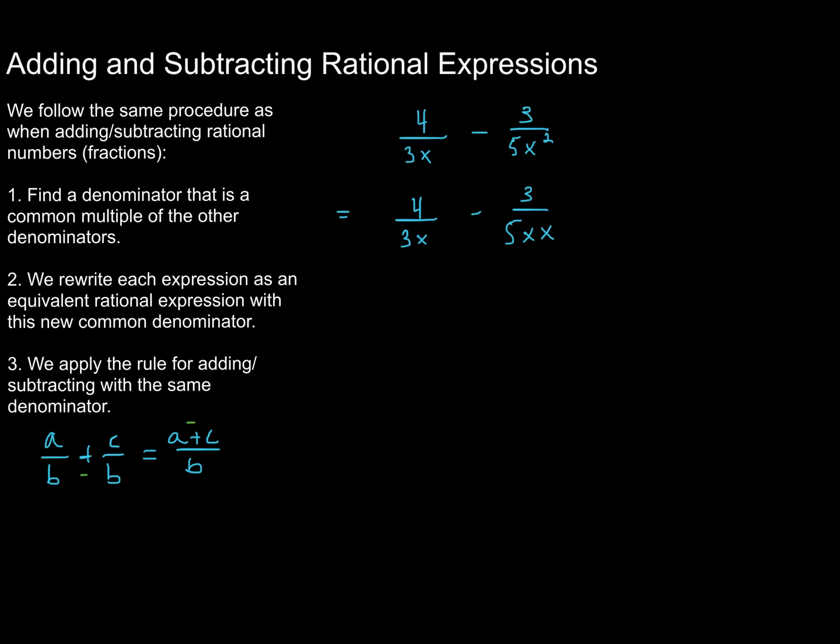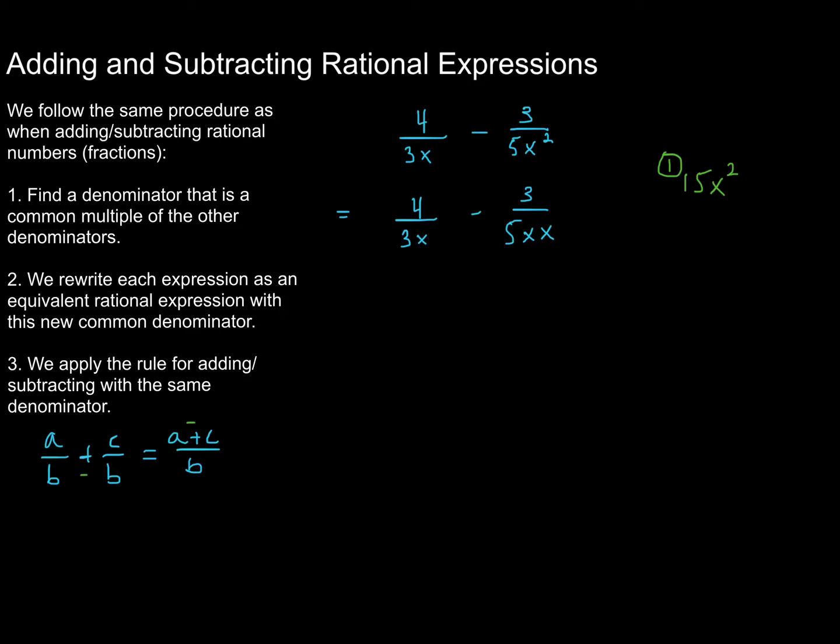In other words, I'm seeing what the two have in common, and then I'm taking whatever they need that's left over that they don't have in common, and I'm using that to multiply to make my equivalent denominator. So it's helpful to find this denominator and write what that denominator is going to be off to the side, just to make sure. So I know that I'm going to have 5 times x times 3, and that's going to give me 15x squared, which I can see just by looking at my original situation.